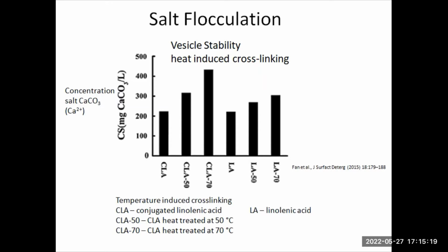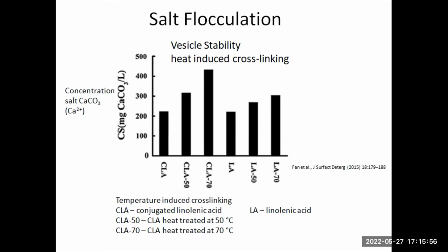For example, the calcium from calcium carbonate, calcium 2+ ions, will stick and form globs of material, fatty acids with the calcium ion, and they will form big globs and not be able to form these vesicles. But we can also see that with cross-linking, we increase the amount of salt at which we will lose vesicle stability.